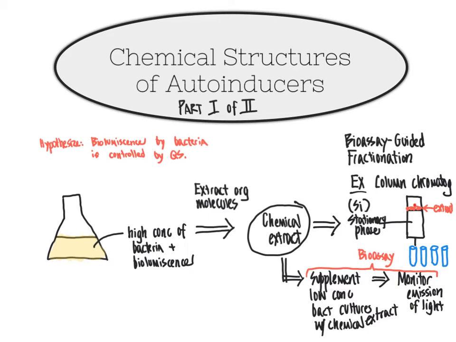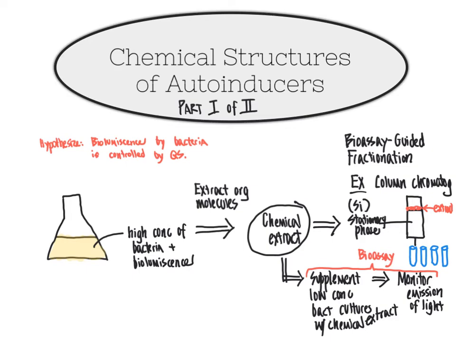So solvent would be applied here, also known as the mobile phase because it's going to be moving through. And what would happen is that that mobile phase would carry the chemical extract compounds through the column going toward the outspout here, and the compounds are going to travel at different rates through this stationary phase based on their polarities.